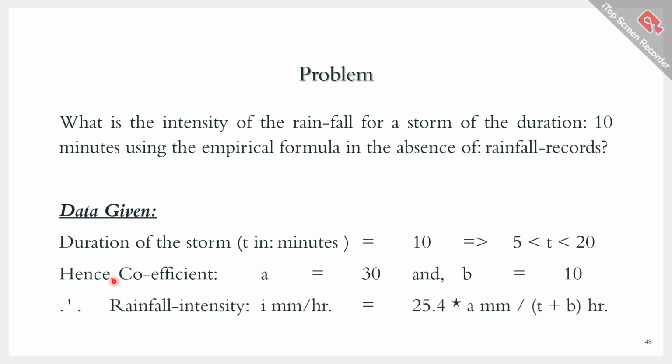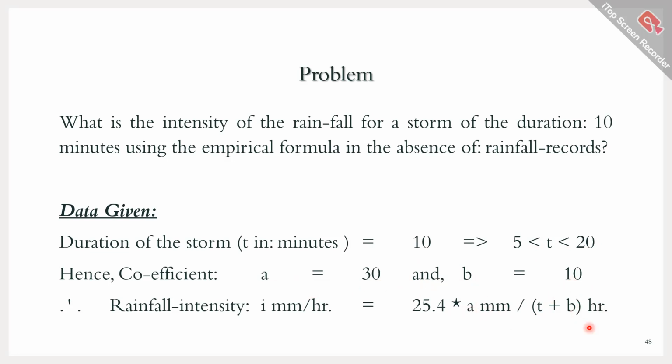Okay. Now rainfall intensity I is given by this formula: 25.4 into A divided by T plus B, where T falls between 5 and 20. That's why the value of A is 30 and B is 10.